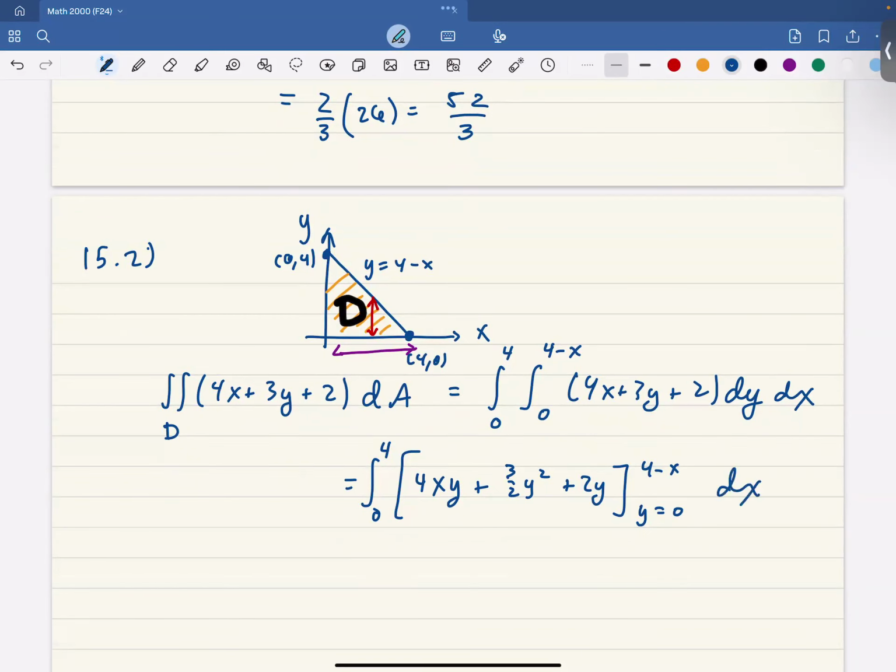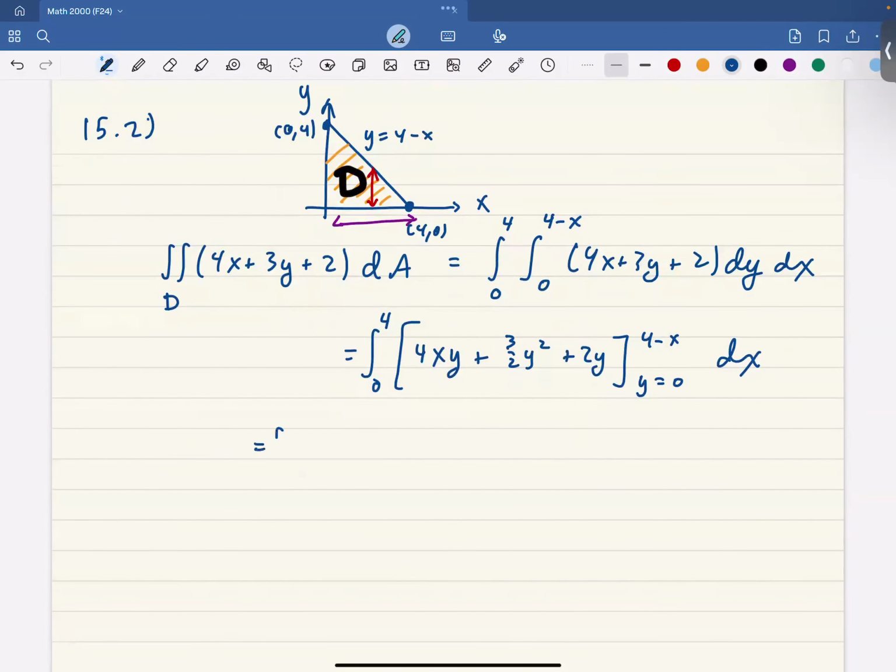Okay, so we'll figure out what that is. Here we have a little bit of algebra to do, but not too bad. I like to write y equals, just so it's clear what we're plugging in.